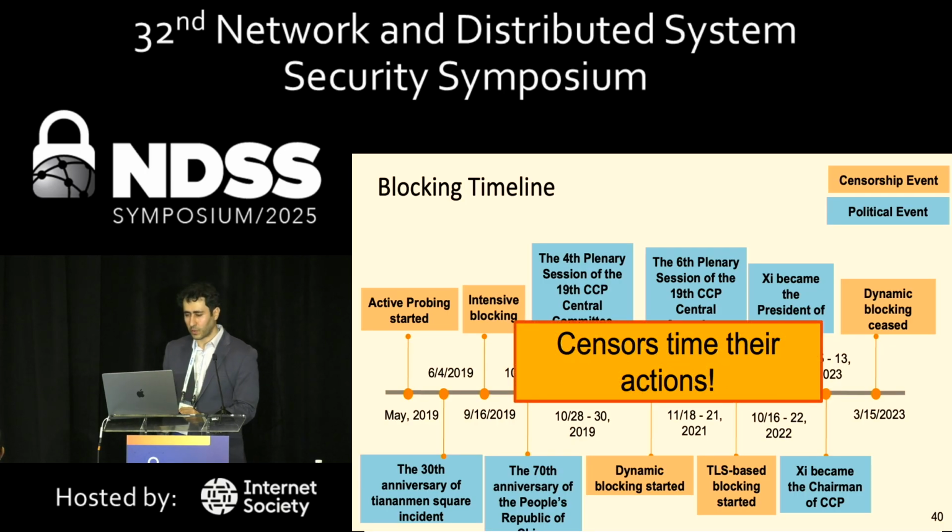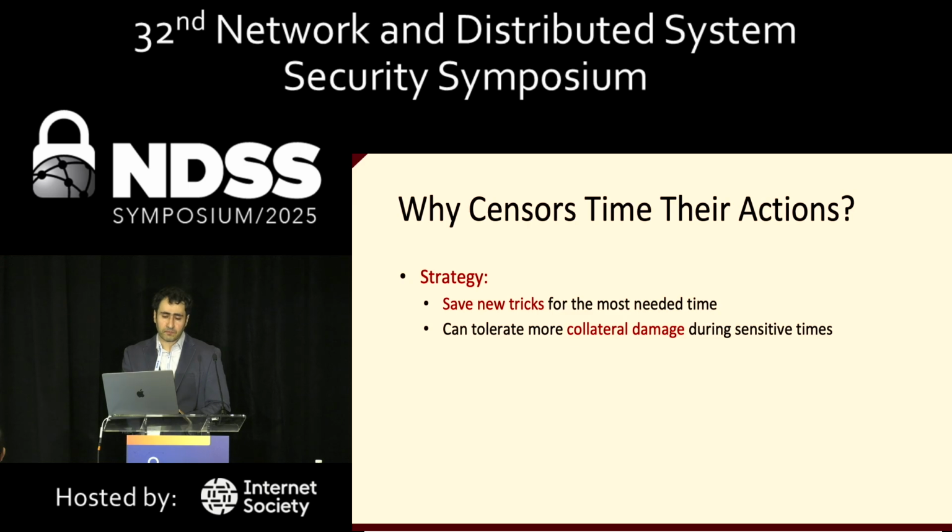So I guess what I'm walking away with is that the censors time their actions. And I want to say this is for two main reasons. The first one is that they want to strategize their censorship mechanisms. Remember, when they develop these mechanisms, they also know that these will be circumvented at some point.